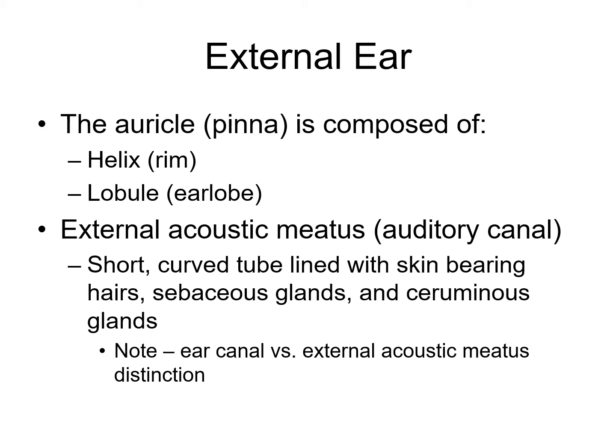I like to make the distinction between what I consider the external acoustic meatus proper and the flesh-lined tube that reaches all the way to the tympanic membrane, which is generally referred to as the ear canal. This is a short, curved tube lined with skin. Of course, it bears some hairs as well as sebaceous glands and ceruminous glands, the glands that secrete earwax. Another term for earwax is cerumen.